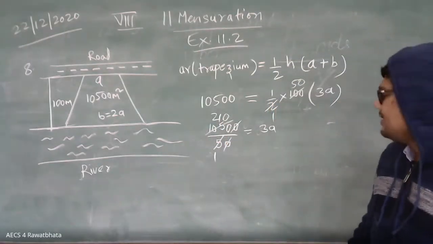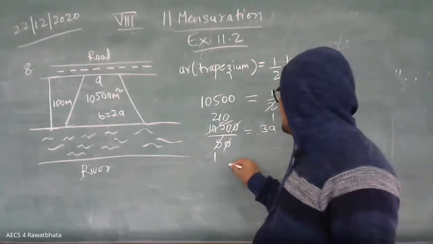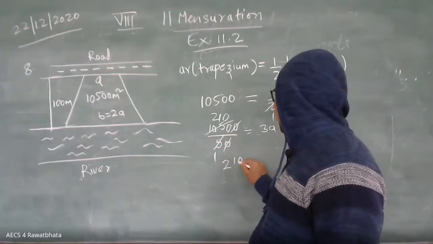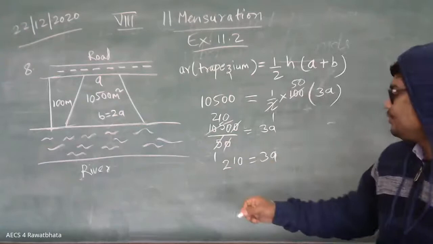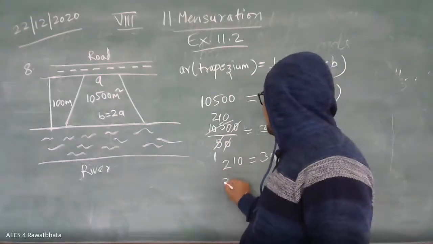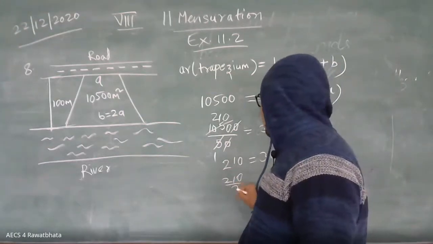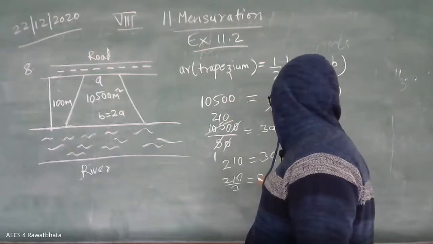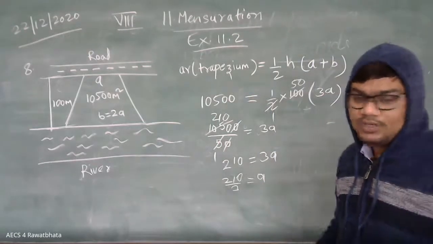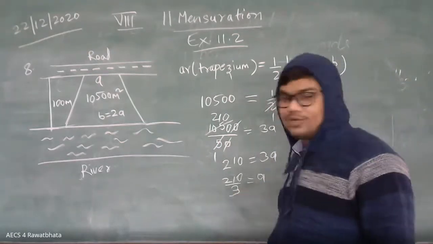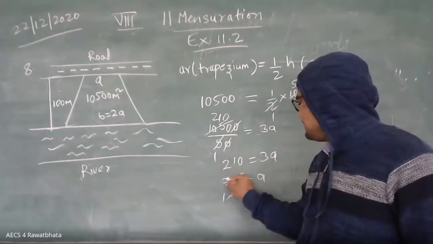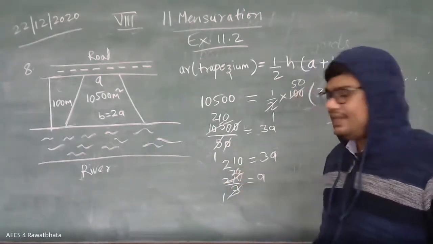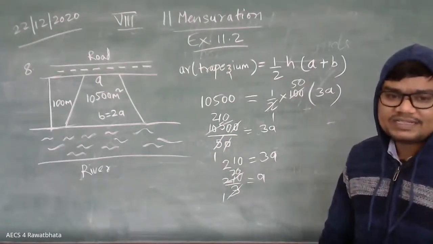So 210 is equal to 3a. Let us transpose 3 to the other side. Then it becomes 210 divided by 3, which is equal to a. 3 ones 3, and 3 sevens 21. So a is 70 meters.